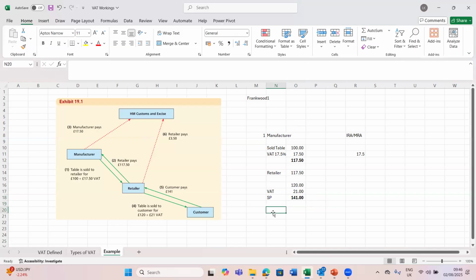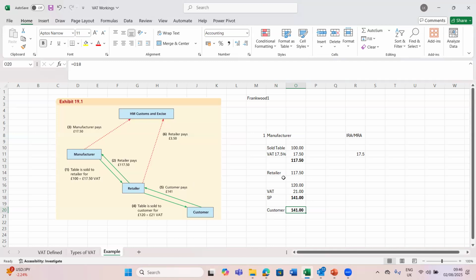So the customer here, the ultimate consumer of these goods we're selling here, will pay how much? 141. Okay. So the table will be sold for 141, and then the customer will pay the retailer 141.